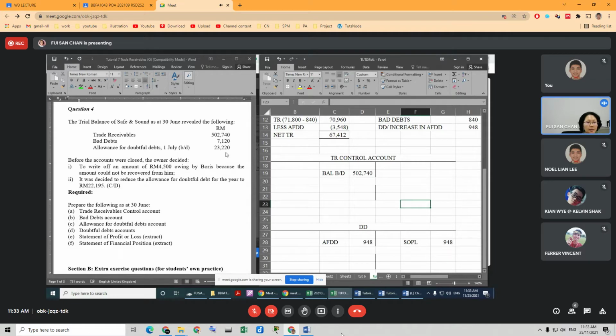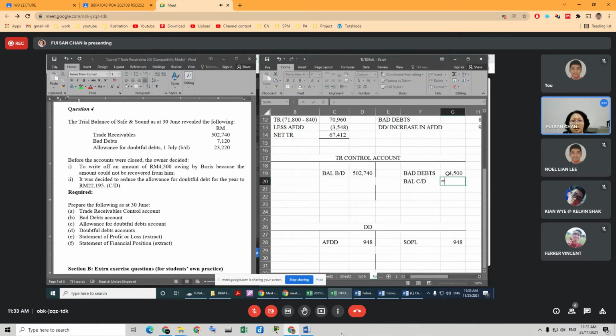Any more bad debts? The Boris. Yes, we have more bad debts, right? So bad debts will reduce our collection. So meaning we will have a closing balance already. So how much is your closing balance?